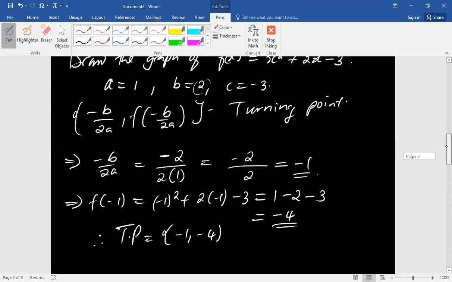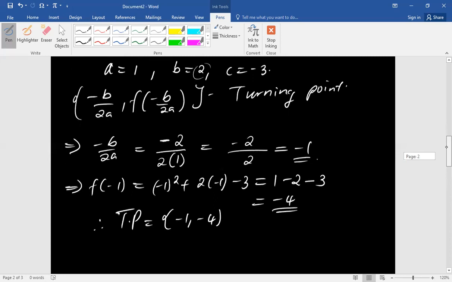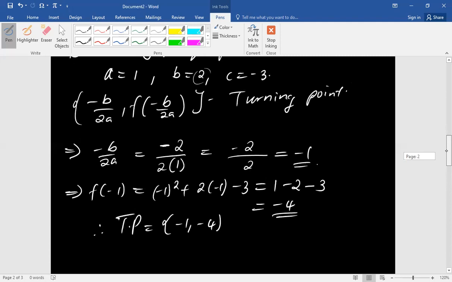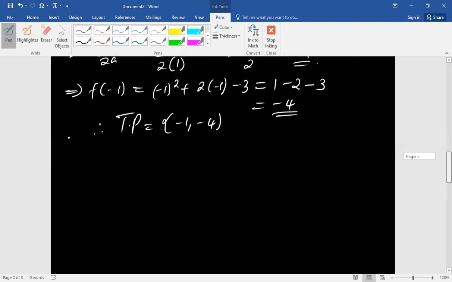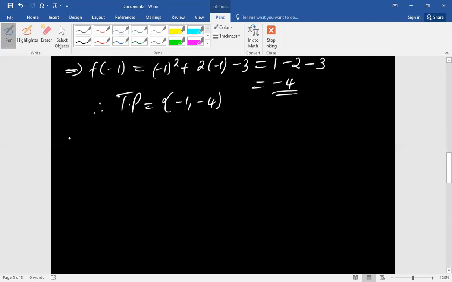Now we need to find another thing. We have found the turning point, so we also need to know the y-intercept. The y-intercept is f of 0, because the y-intercept is the point where this graph touches or crosses the y-axis.